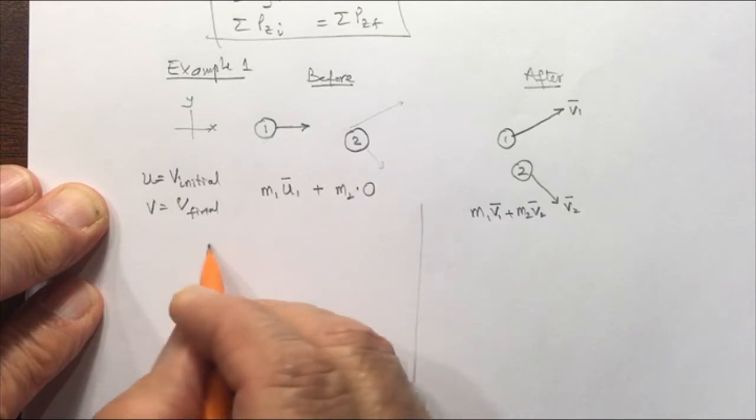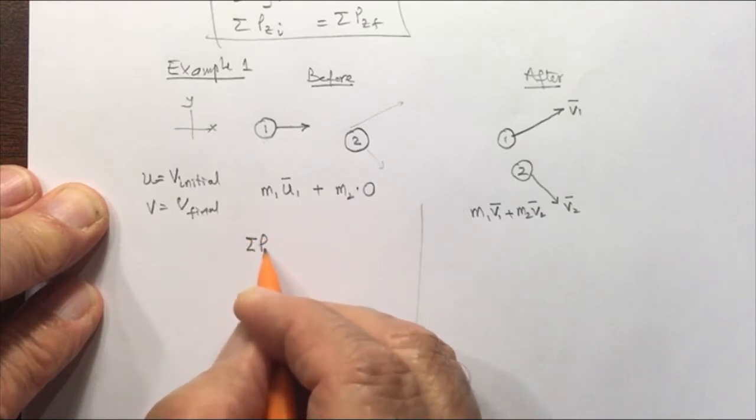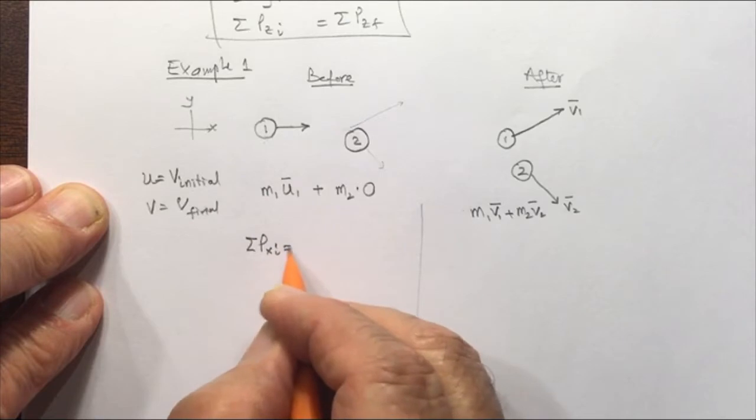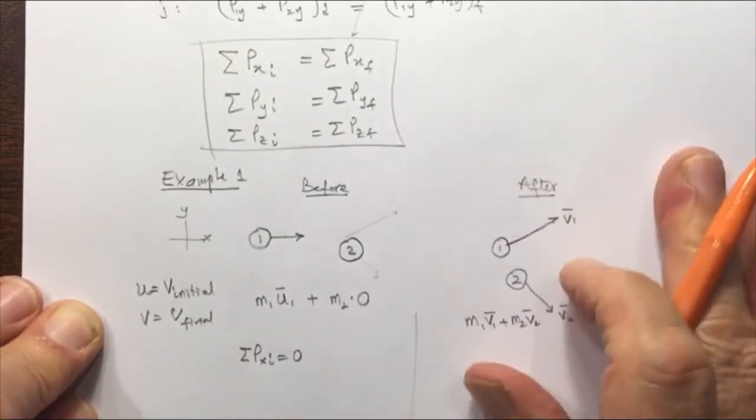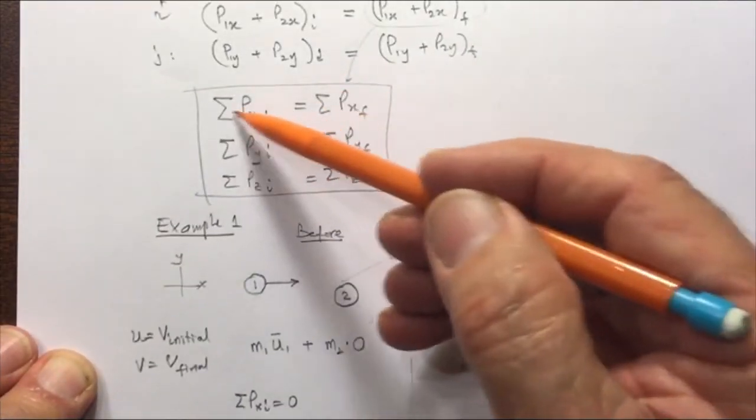First I'll write the sum of px initial equals 0. That's this term, so I'm going to write this equation.